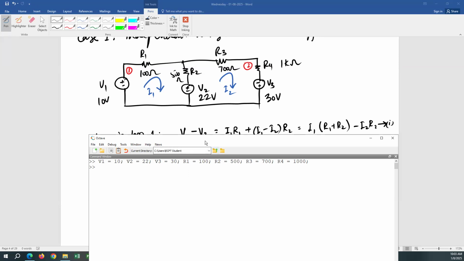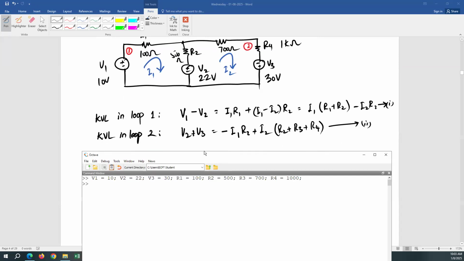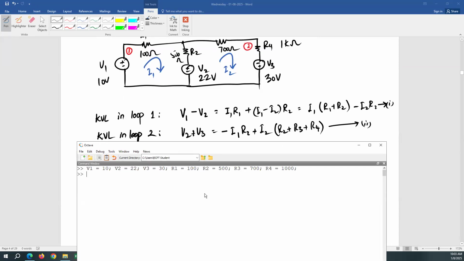Then I'm going to solve using the matrix inversion method that we did. So my matrix A is going to be R1 plus R2 and negative R2 from the first equation.